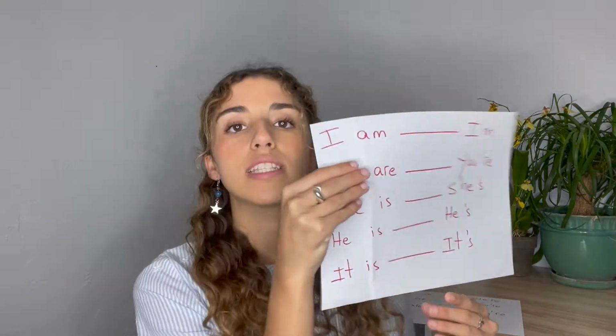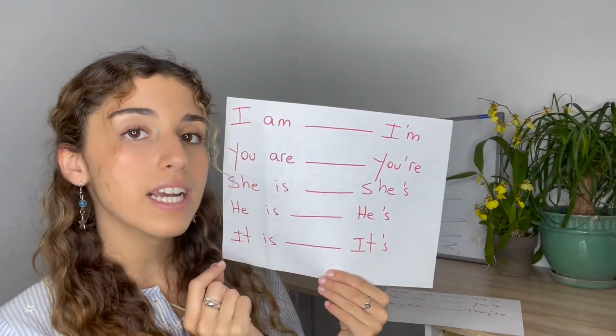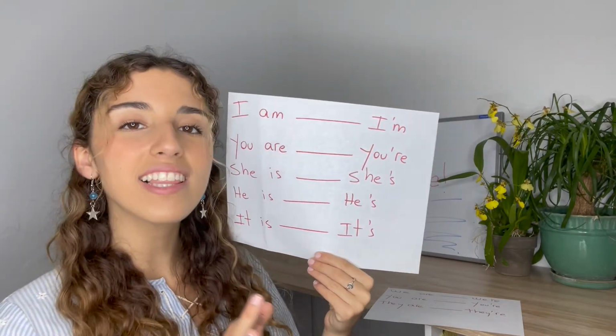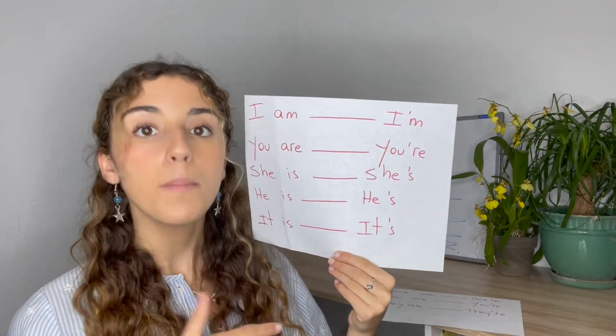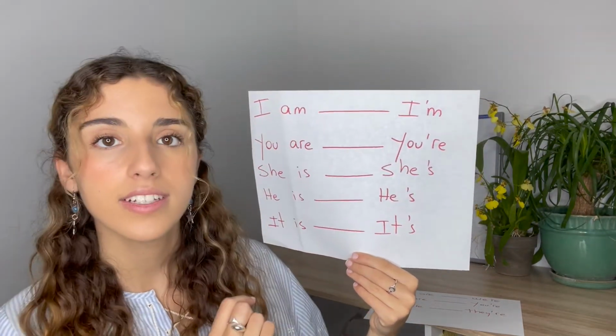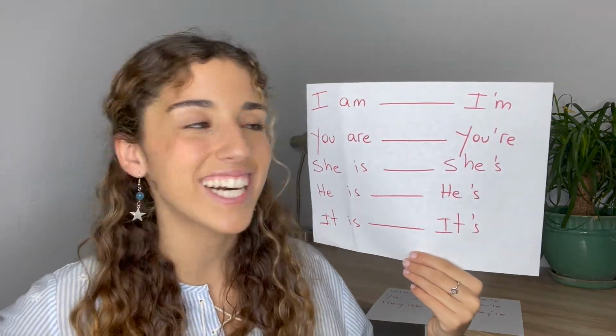So with the verb to be, let's start with the first ones. So the I am becomes I'm. We already learned this in our first lesson, but it's good to review. So I am, I'm. Sorry, that's my chair.